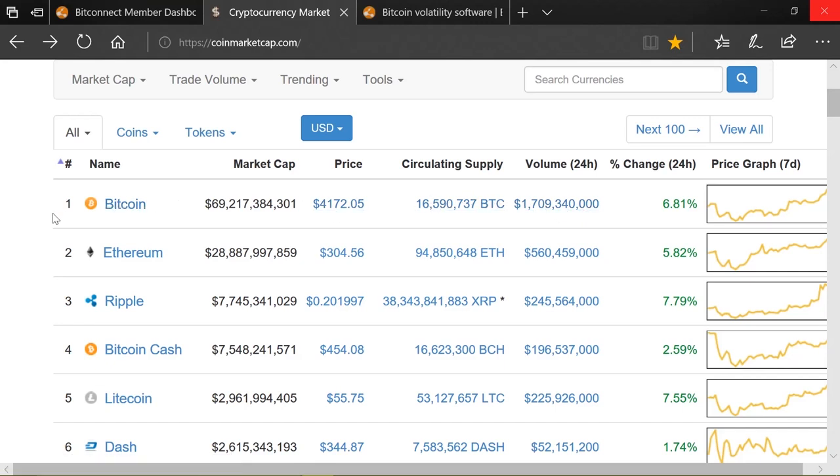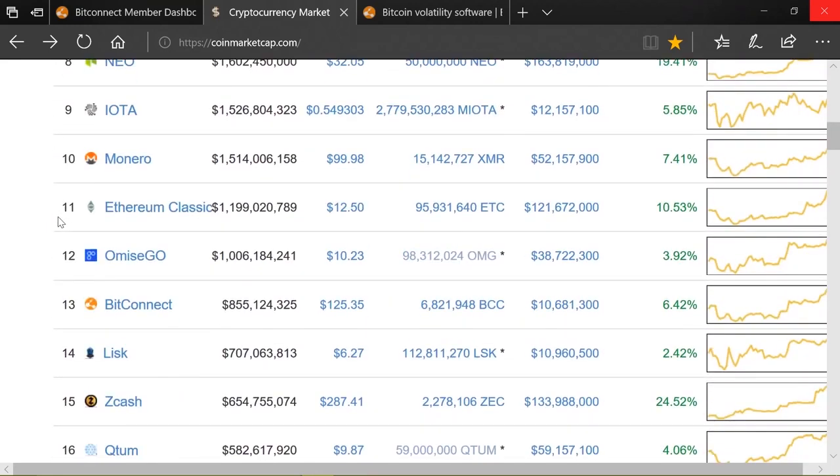And if we scroll down to say number 13, bear in mind there are literally hundreds and hundreds in this list, and Bitconnect as a global player is actually number 13. It's very, very new relatively compared to the others, which have been going for 6, 7, 8 years. Bitconnect has a market cap of, currently, as of recording, $855 million.